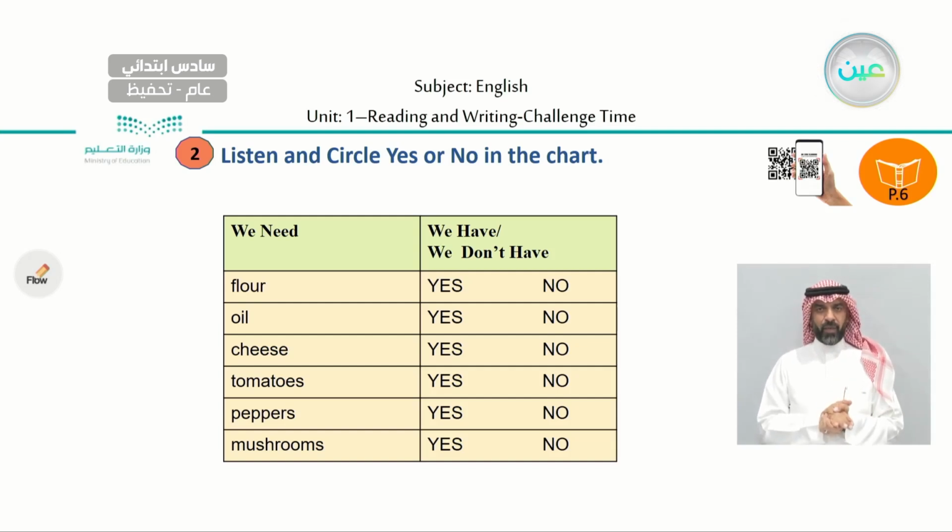What about tomatoes and peppers? We have 5 tomatoes, but we don't have any peppers. So we need to buy oil and peppers. And mushrooms. We don't have any mushrooms.